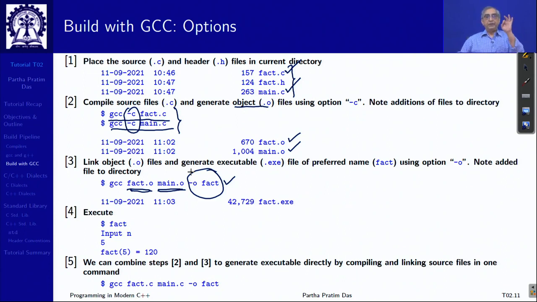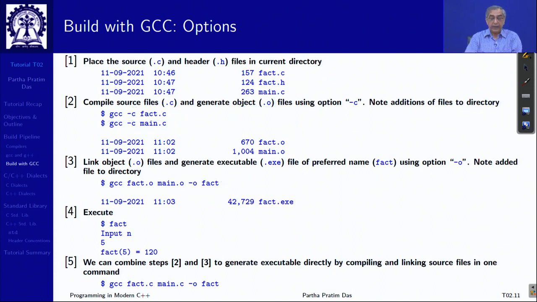But if you want to give a specific name to the executable that you are creating, you can do that by using the -o option. So, I am calling it fact. Once I have done that, my executable is ready and I can see fact.exe added to my directory folder, because I am on Windows. Then I execute fact, and this is the basic step to build.